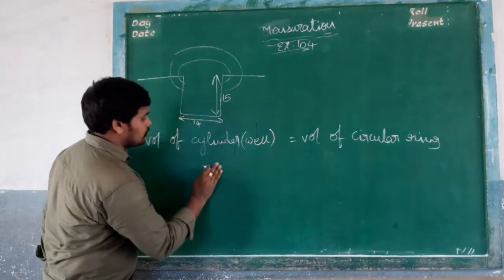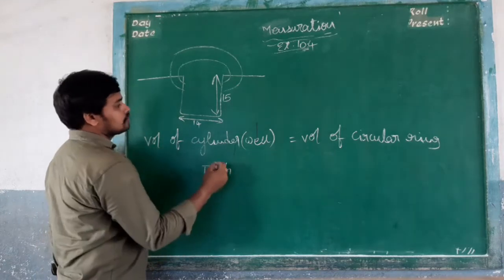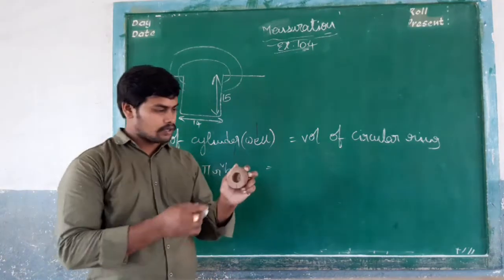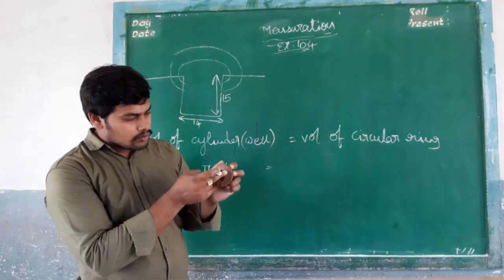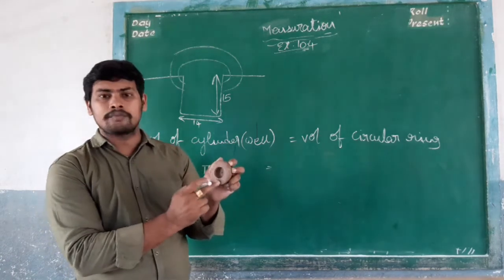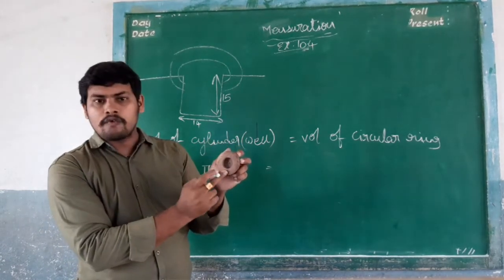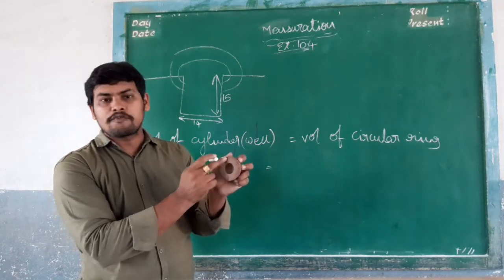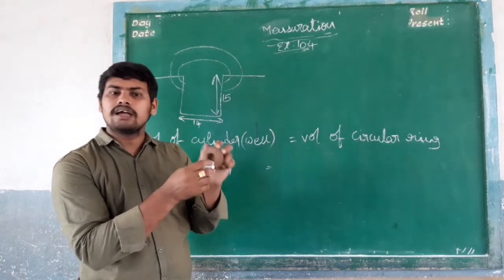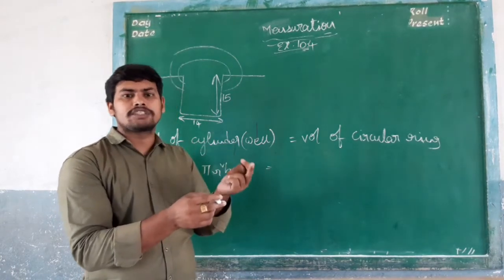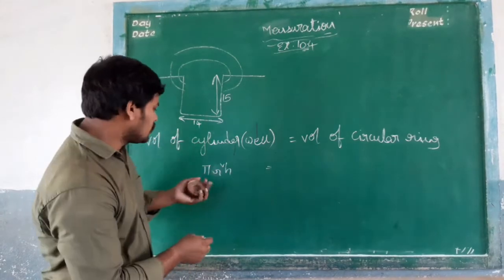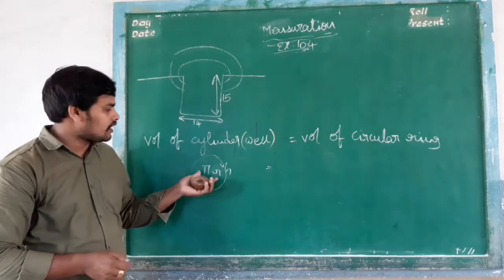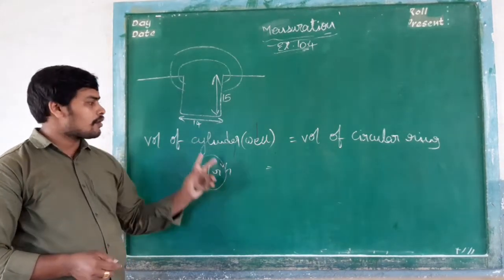But we don't know the volume of the circular ring, so we don't know the formula. How can we get it? You have to take volume of external ring minus volume of internal ring. So first get the surface area. Whenever any surface area is multiplied with the height h, it converts into volume. Pi r square is nothing but the area of the circle, and whenever the area of a circle is multiplied with h, it is called the volume.